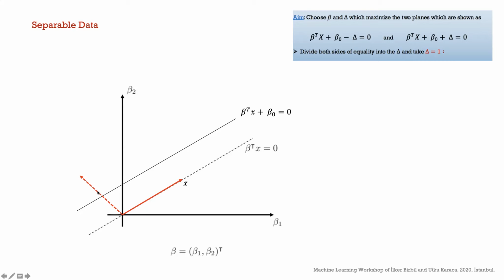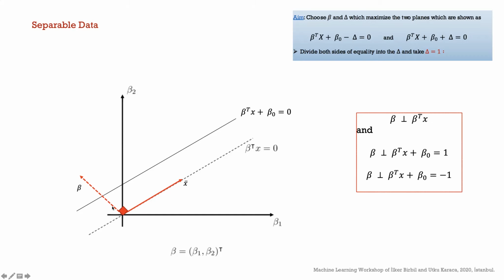And here is my beta in this example. Please keep in mind that this beta is perpendicular to beta transpose x, and it is also true for these two lines, by looking at this geometric explanation.